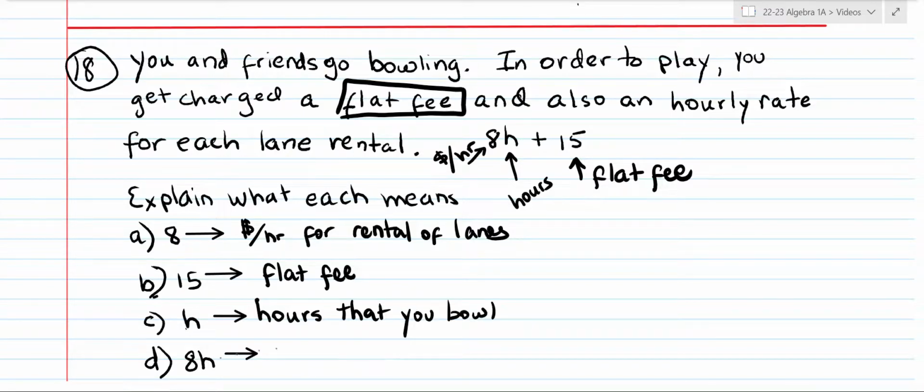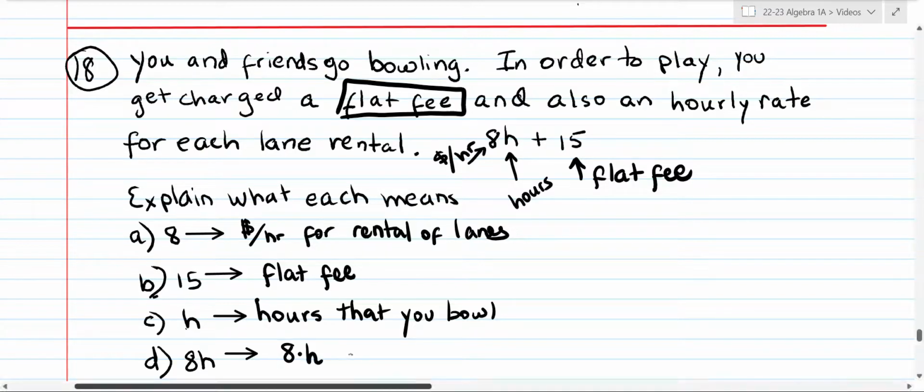And 8H, what happens when we multiply them? You get the total charge for all the hours that you bowled, the charge based on the hours you bowled. Something like that. Sounds good. All right.